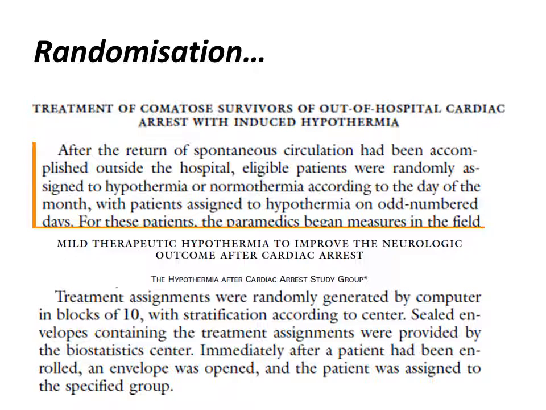So the way the computer would generate the numbers is in a block of 10, 10 patients at a time, making sure that these blocks of 10 have equal distribution between a university hospital and, for example, a general hospital. That would make sure that in the end, the groups are balanced with regards to the center, and the center does not become a confounder.